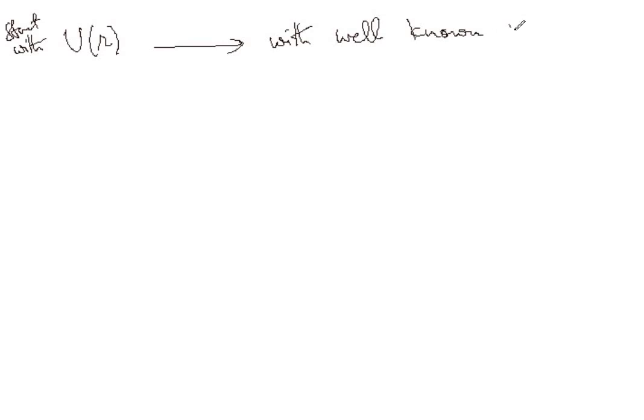So we will analyze what is obtained when one starts from the potential UR, with well-known solutions. Now let us initially examine the harmonic oscillator. So first choice, harmonic oscillator.